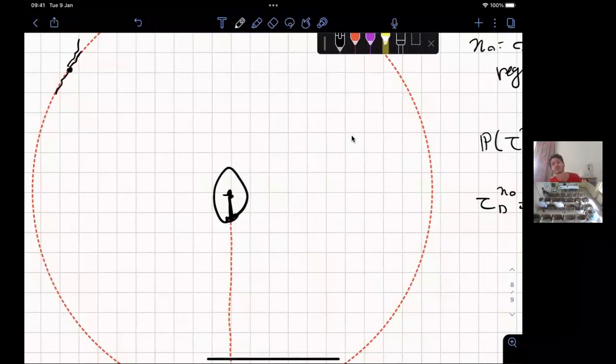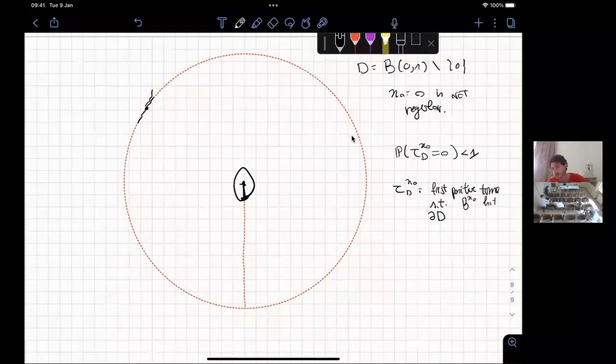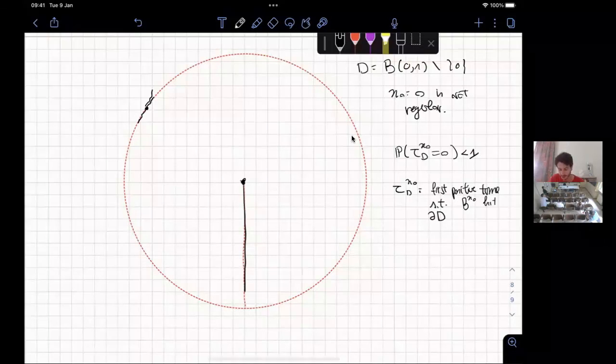I don't remember the name, but it's a property of Brownian motion in dimension 2, and in dimension 1, but that is trivial. If you go to dimension 3, this point becomes not regular. So you start from there, and then you just come back to the domain. So no way to touch this line which belongs to the border.